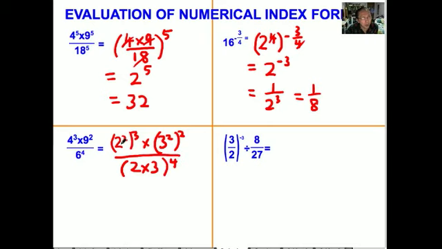Now you can see that we have base 2s and 3s. Next, we apply the power rule.